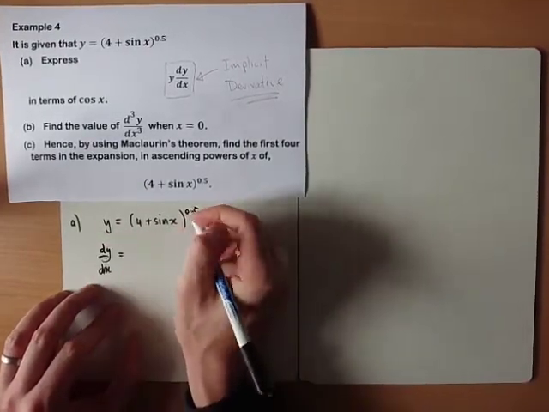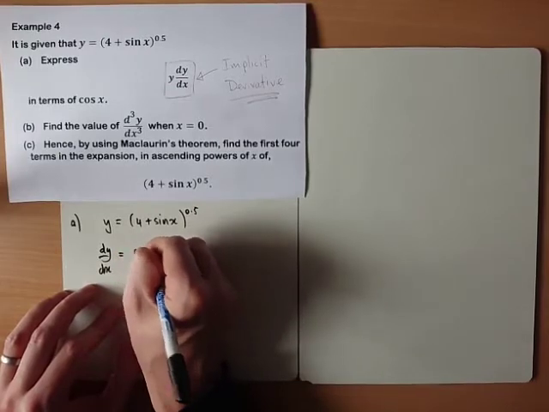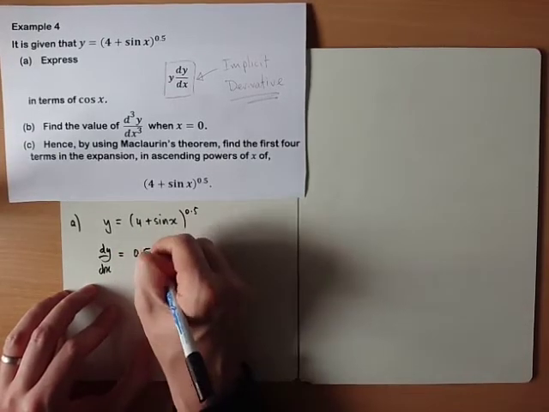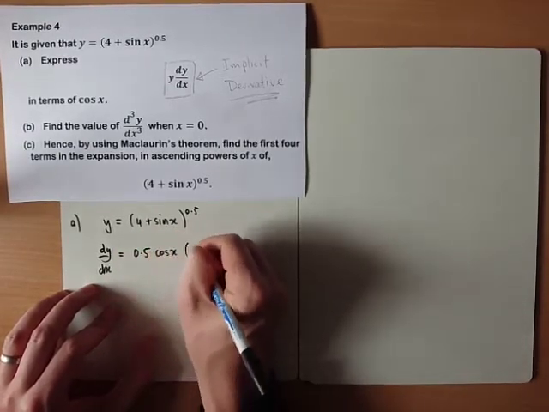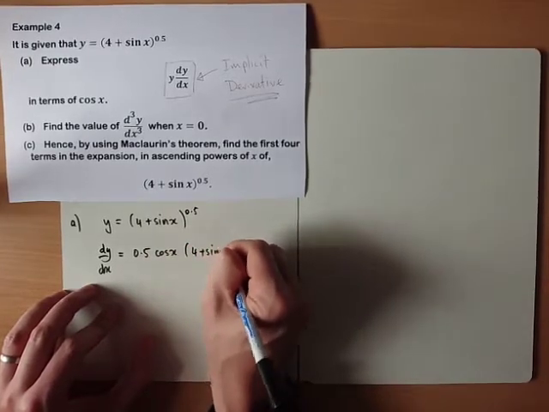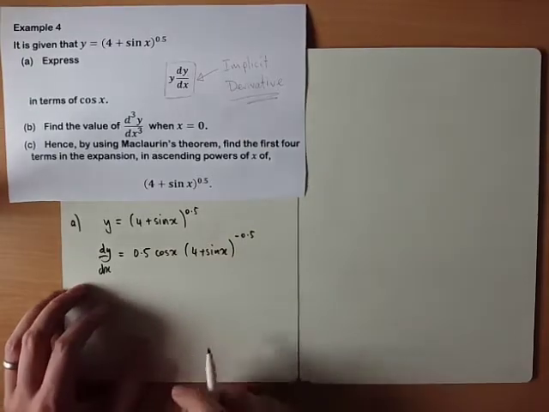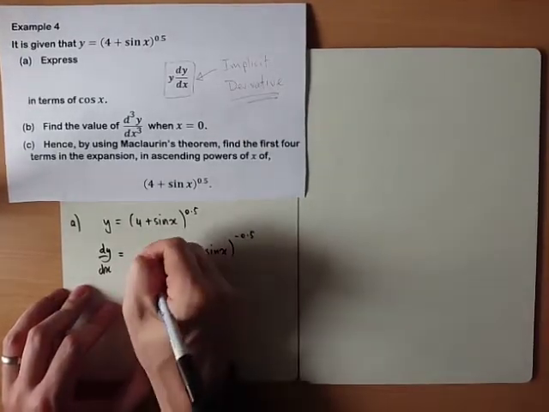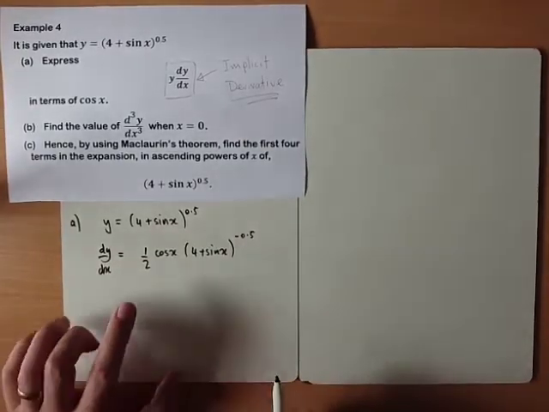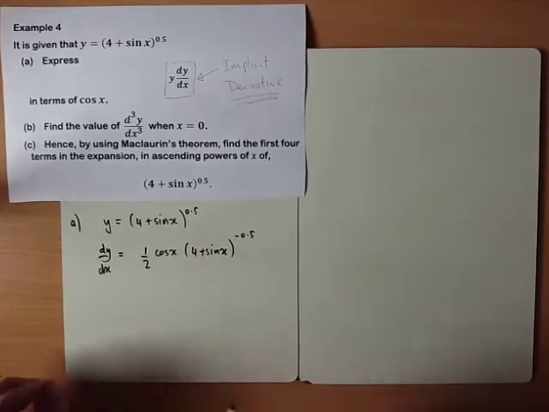So apply the chain rule: times by the power, times by the derivative, take one off the power. I don't like that, I'm going to write it as a half. So times by the power, times by the derivative, take one off the power.